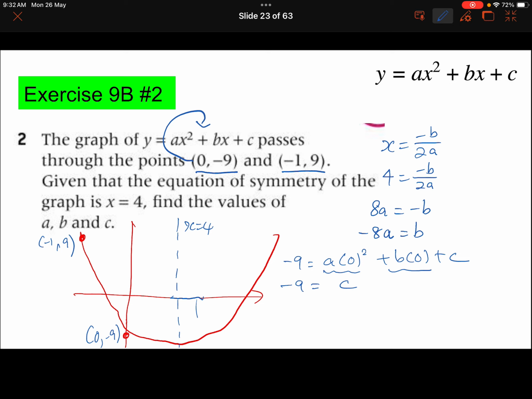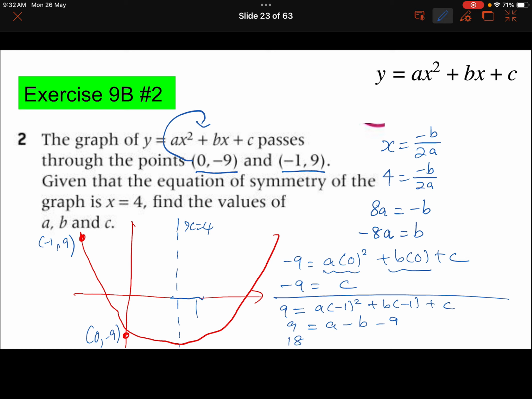And I'm going to do the same thing for -1 and 9. So I'll do 9 equal to a(-1) squared plus b(-1) plus c. So I'm going to get something like this, which is (-1) squared will be just 1. So this will be a minus b. And since c is -9, I got this. Okay, and I'm just going to put all the numbers on one side of the equation by adding 9 on both sides.